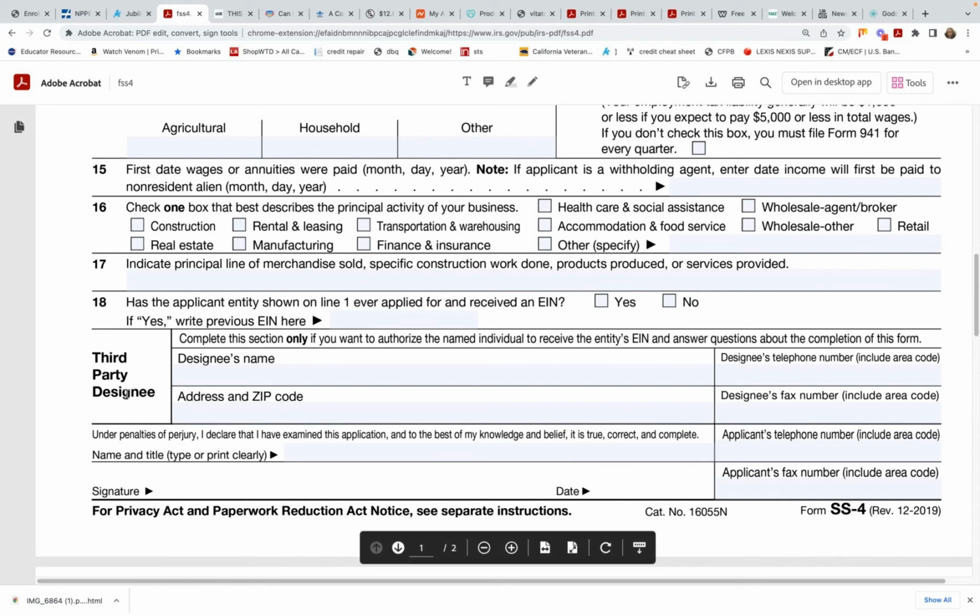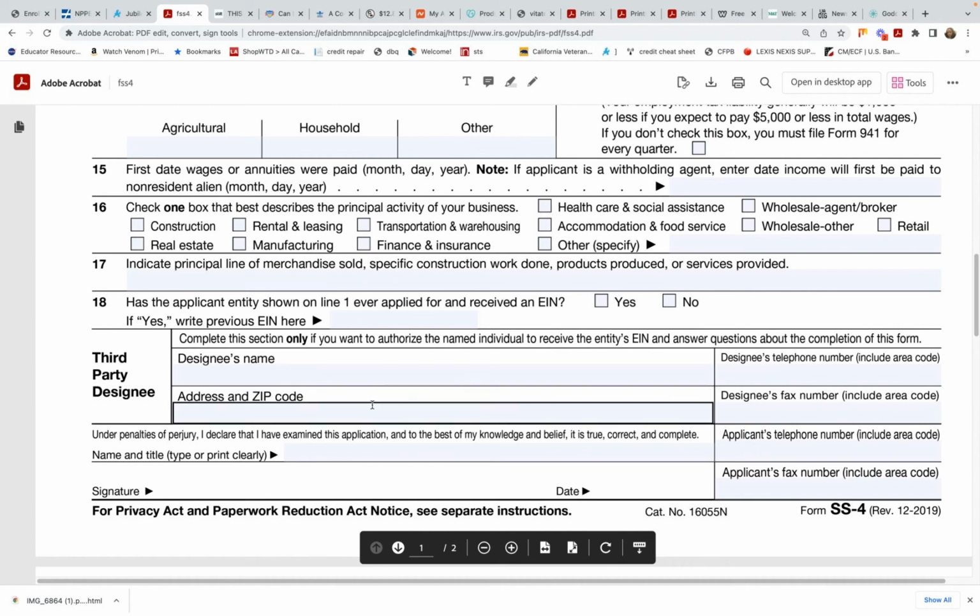The third-party designee is for when you have a foreign individual who wants to get an EIN but is not here in the United States. Technically, if you are not in the United States, you are not supposed to be requesting an EIN, because it is for citizens. But if you are from another country, you can use what is called a third-party designee.